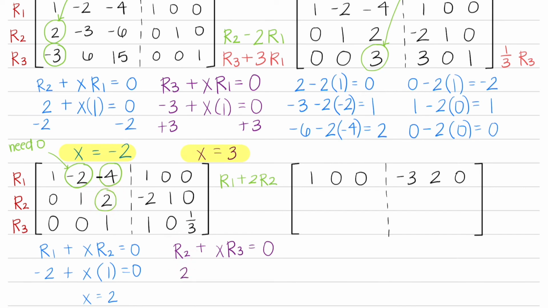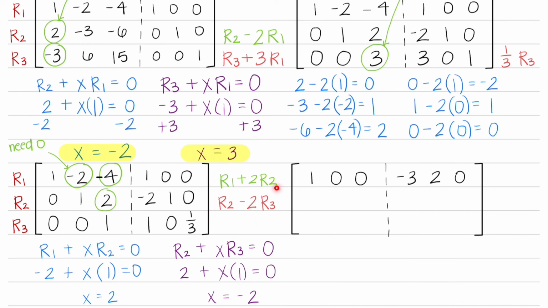So our r2 would be 2 plus x times the number under the 2, which is 1, equals, and we know we want that to be 0, so 0. x equals -2. So now we can plug in that -2 where our x is. Our formula is r2 minus 2 r3.